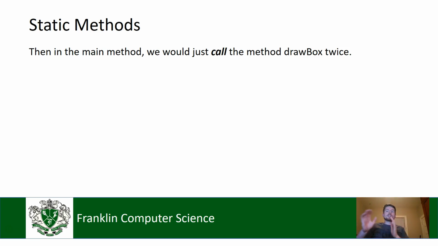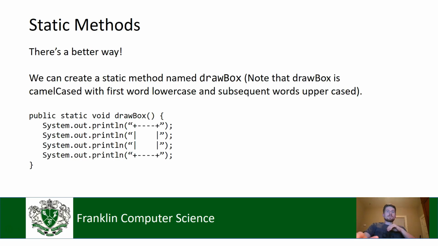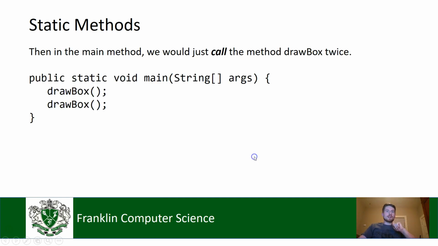Okay? So if we declare it, which we just did on this side, this is creating the method. We're declaring this method. Nothing is going to happen yet. We have to actually call it in main, and we'll show you how you call it in main in a second.